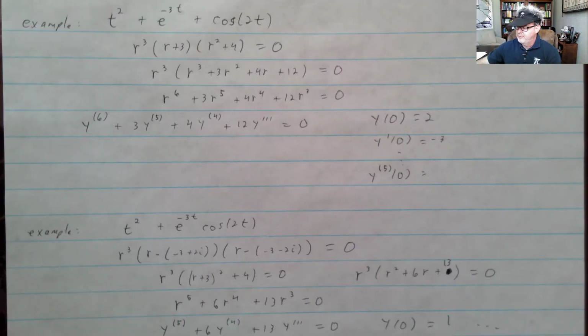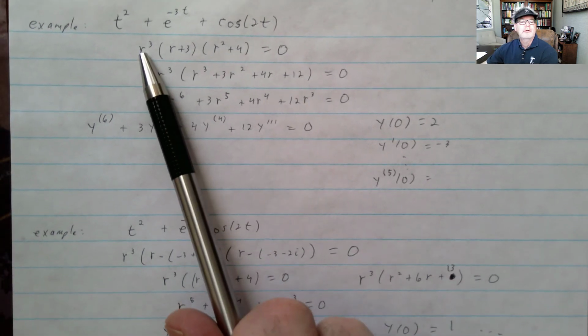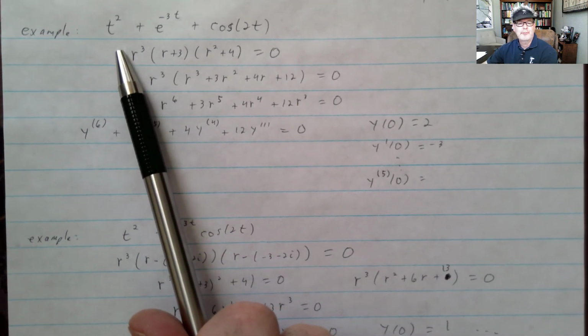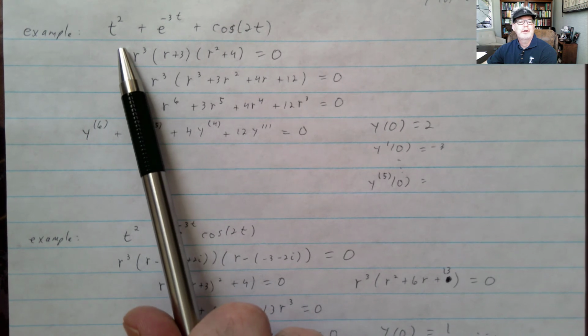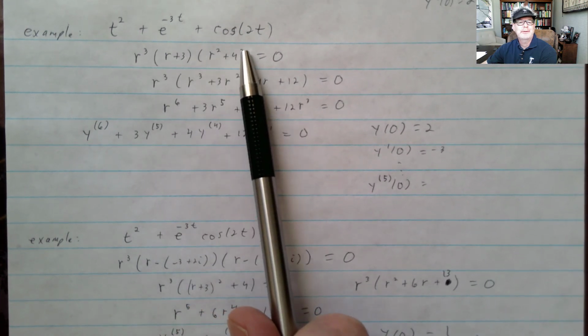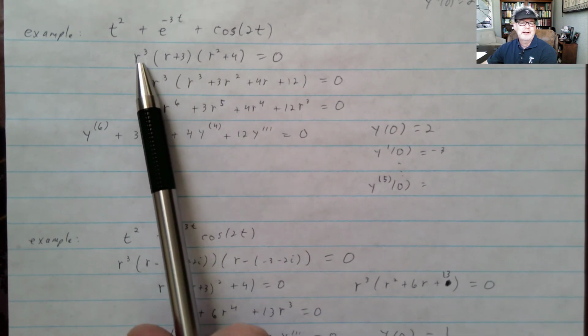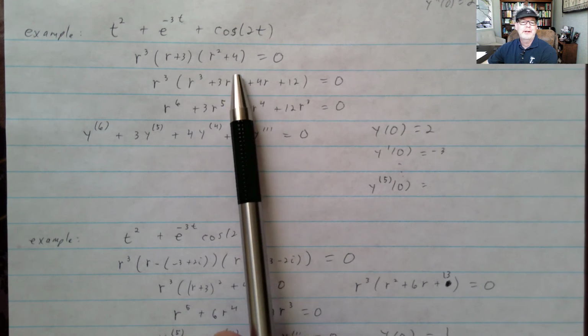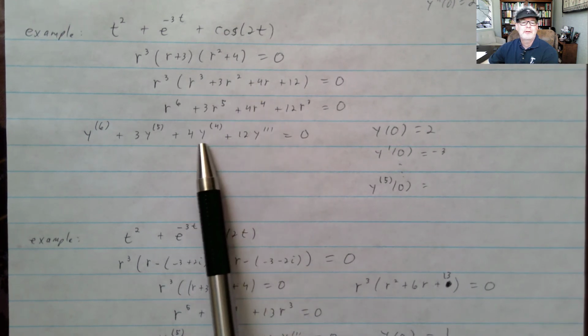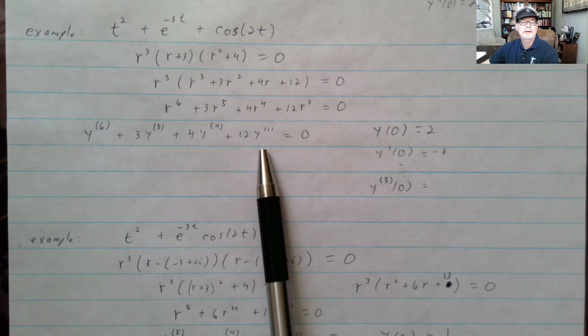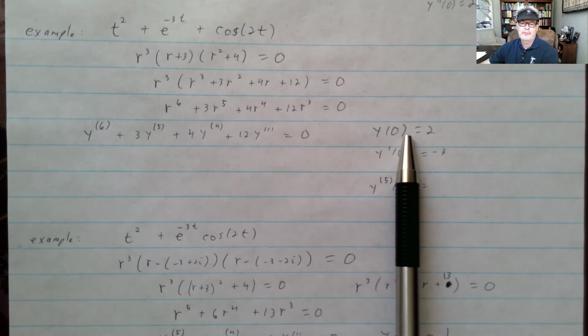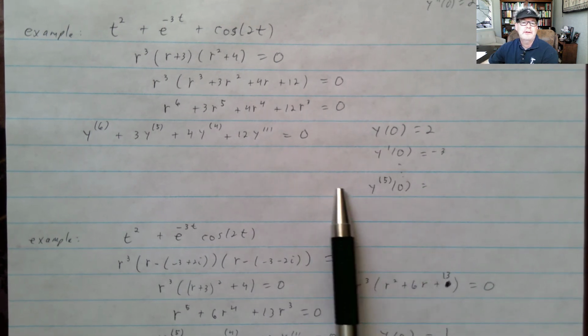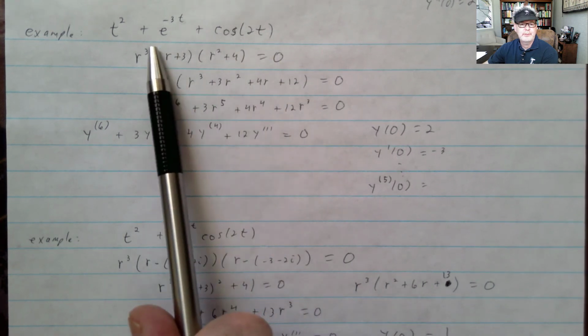A couple more examples. If I have, from the previous, the quadratic plus an exponential plus a cosine, I would need this for the roots of the characteristic equation. And so this would be the differential equation, and you can figure out the initial conditions so that it was exactly this, if that's what I wanted.